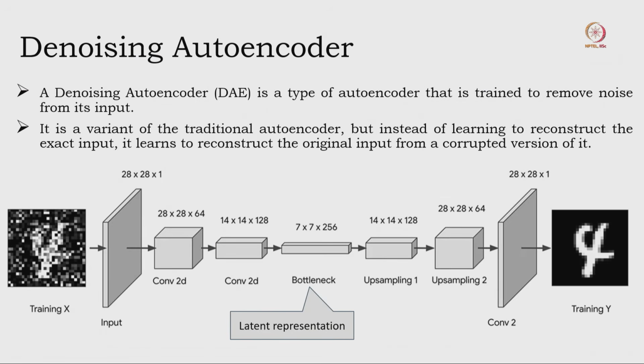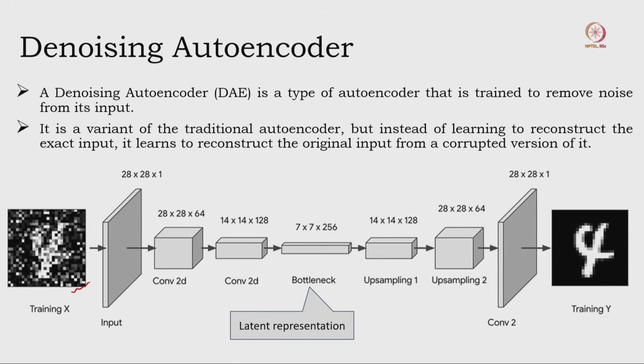And the last type here is the denoising autoencoder. In a denoising autoencoder, the input given to it is a noisy input. You see here in the input there is a lot of noise present, and the main aim of the denoising autoencoder is to remove the noise from its input.